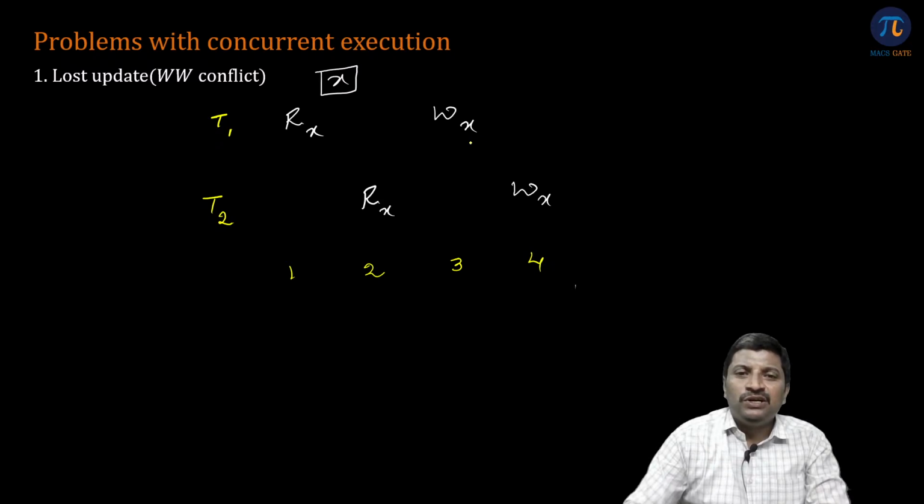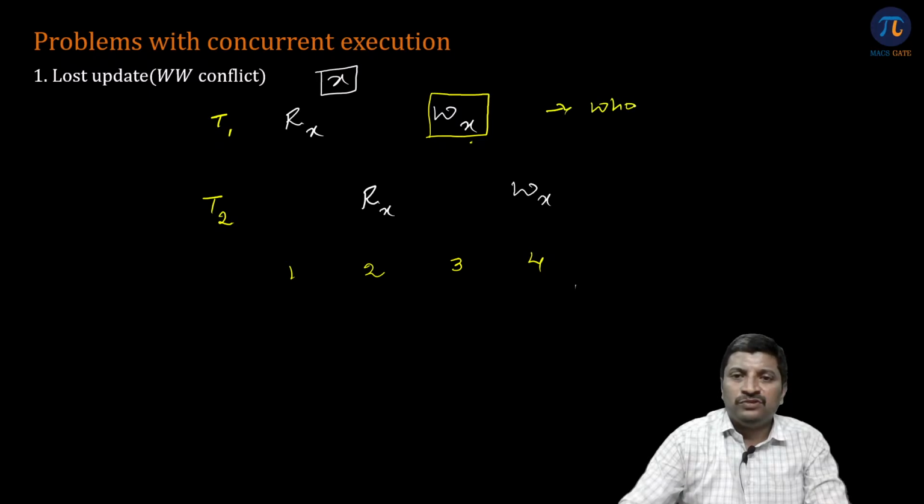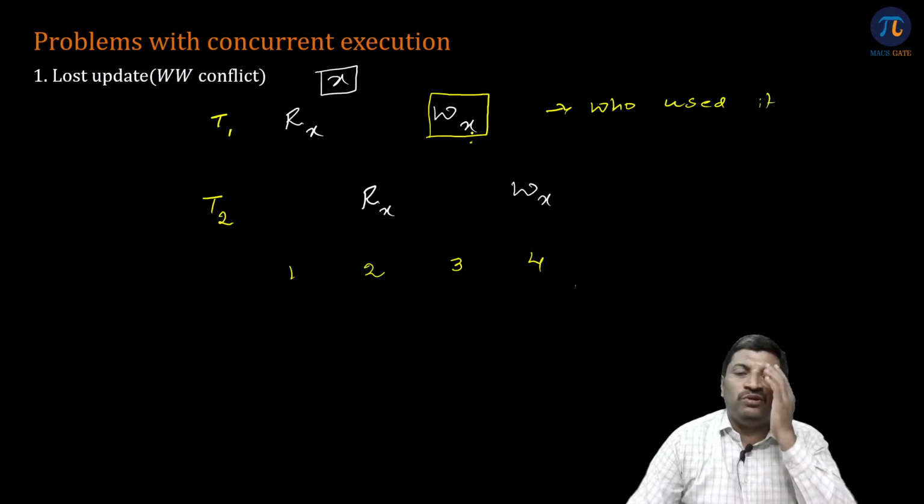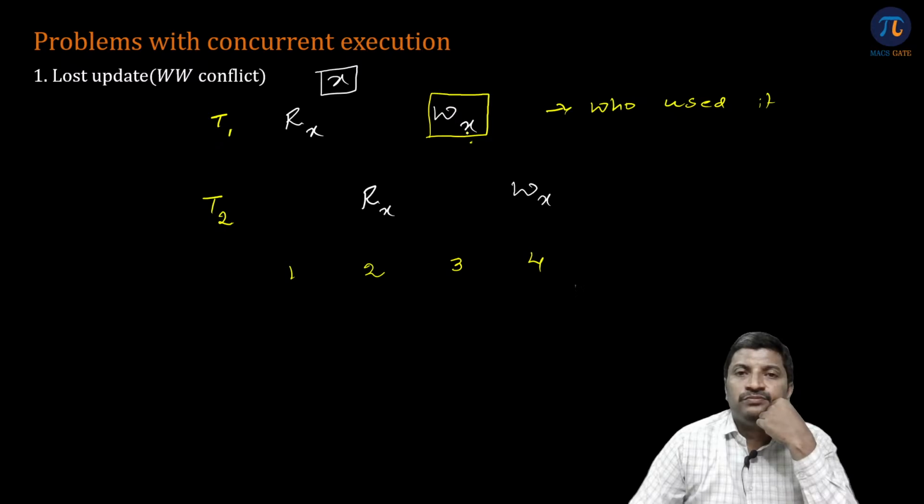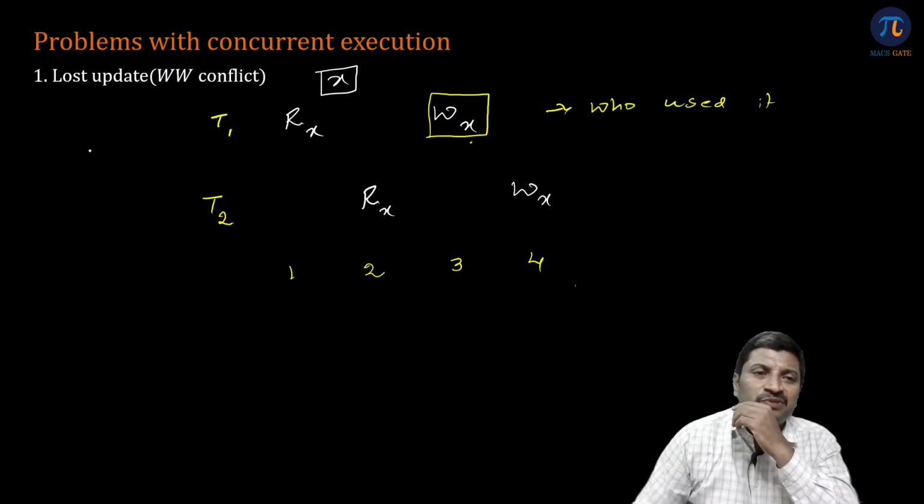Now the question is, who used this modified value of X? No one used it, right? Something like, initially I have 100.